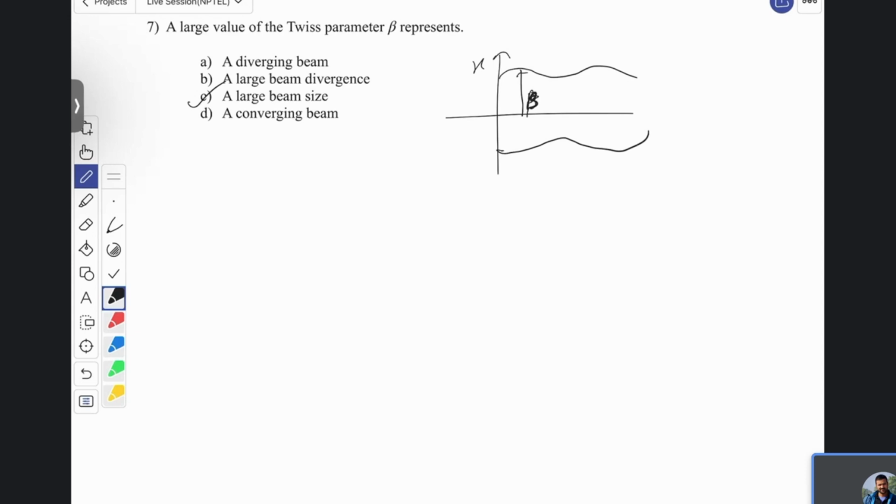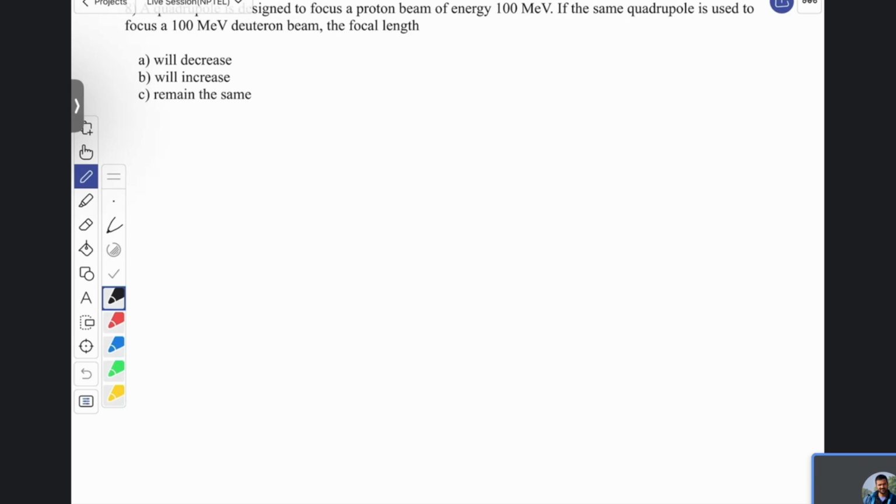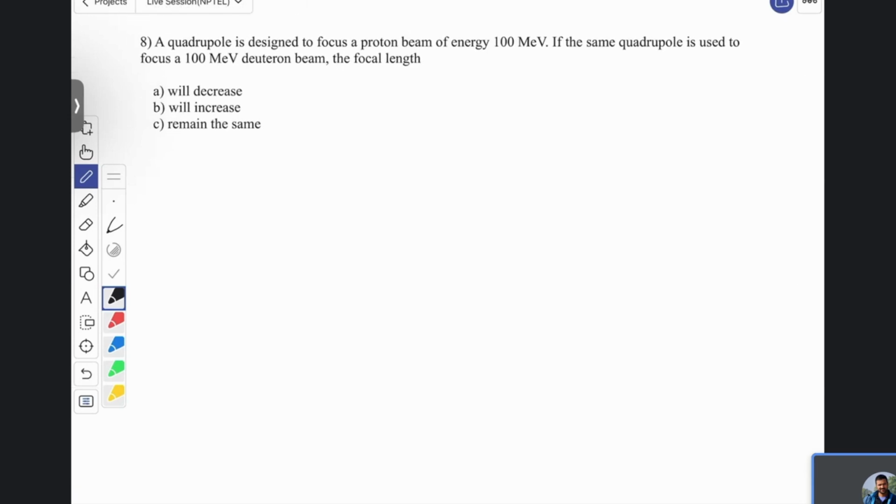Then next question. A quadrupole is designed to focus a proton beam of energy 100 milli-electron volt. The same quadrupole is used to focus a 100 milli-electron volt deuteron beam. The focal length, we just saw, is given by m v over q g l.